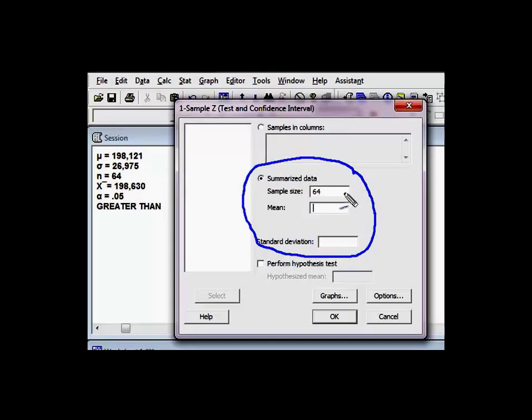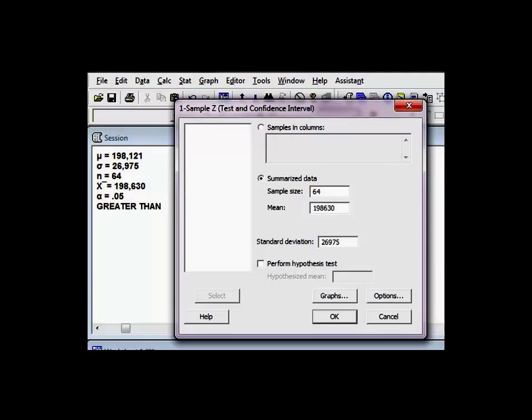So all of this information, sample size, mean, and standard deviation, is all going to come from the sample. So I know that the mean from my survey was 198,630.